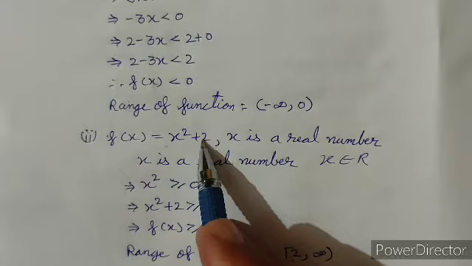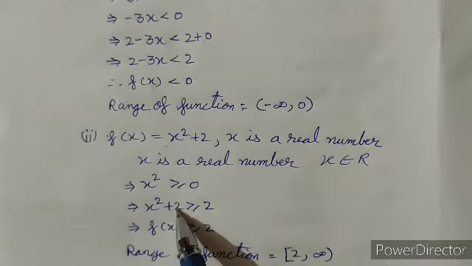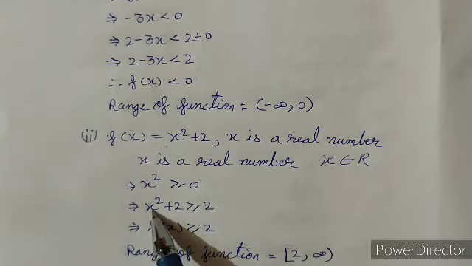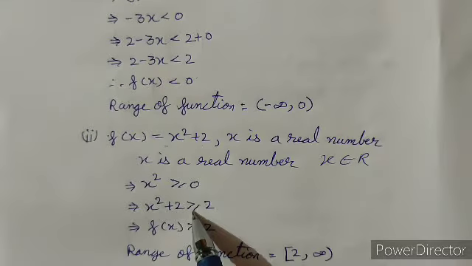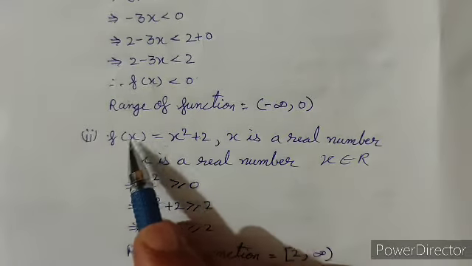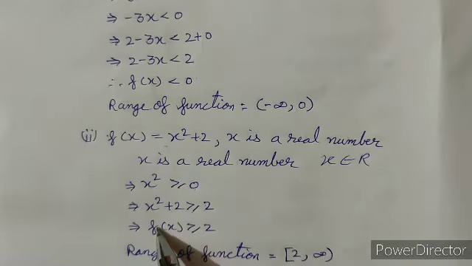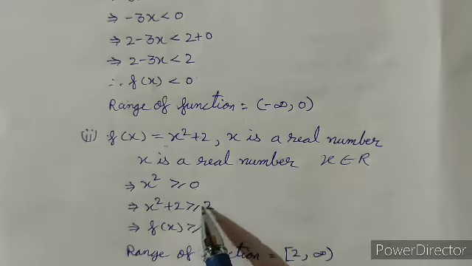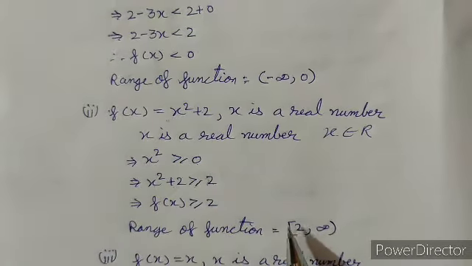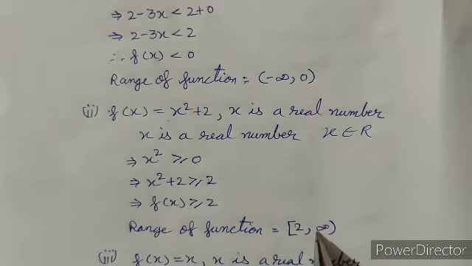Now on adding 2 to both sides, x square plus 2 will be greater than or equal to 0 plus 2, and that will give us x square plus 2 greater than or equal to 2. And here x square plus 2 is equal to fx. So fx will be greater than or equal to 2. That means the range of the function will be from 2 to infinity.